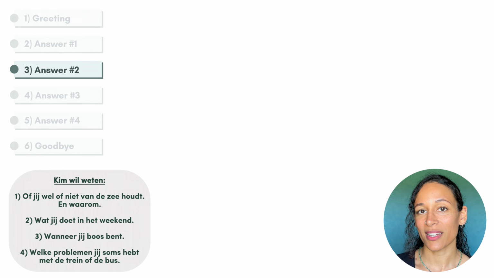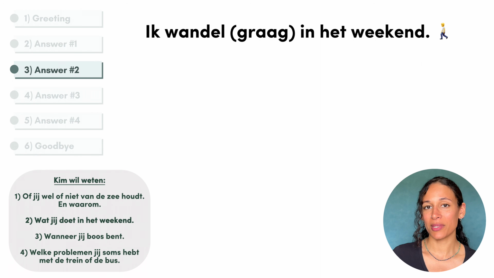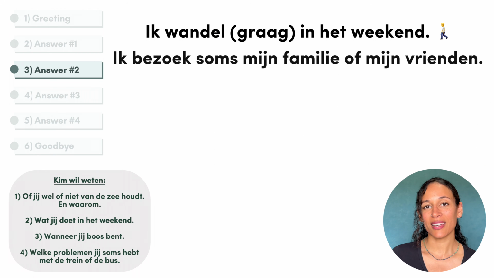De tweede vraag is, wat doe jij in het weekend? For this, I recommend creating simple subject-verb sentences. Bijvoorbeeld, ik wandel graag in het weekend. Or simply, ik wandel in het weekend. Ik bezoek soms mijn familie of mijn vrienden.